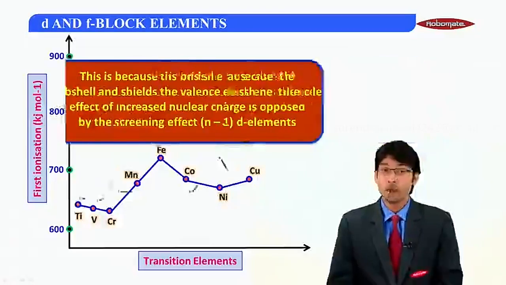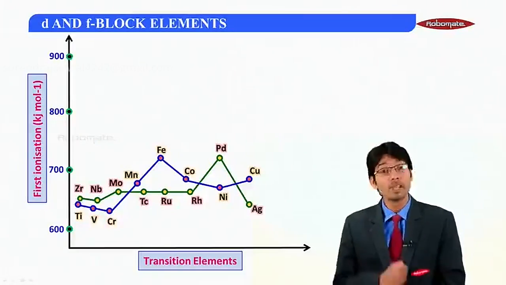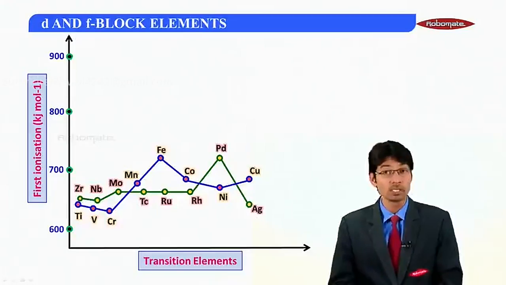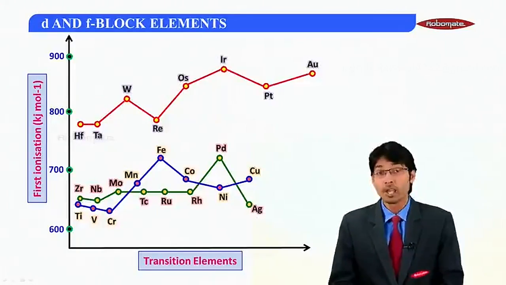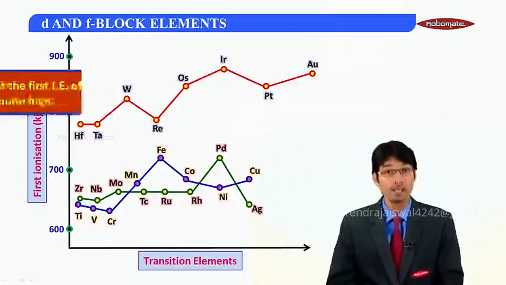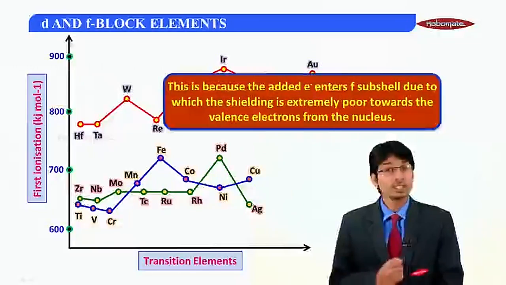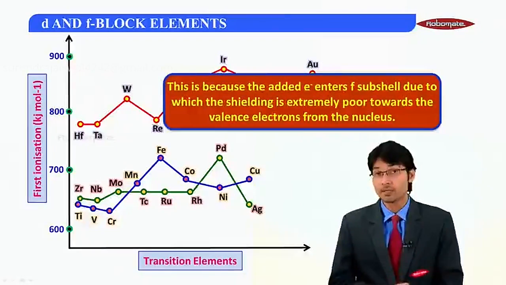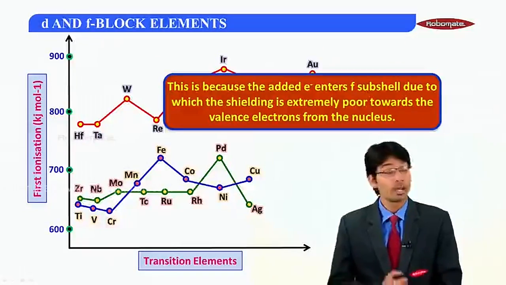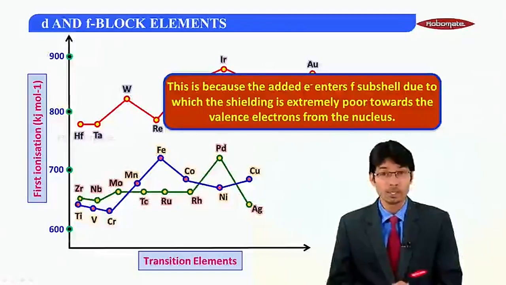The same happens in the 4d series, but something very important to notice is that the first ionization enthalpy of the third transition series, that is the 5d series, is very high. This is because this series of elements consists of f electrons along with d electrons in the pre-penultimate and penultimate shells.